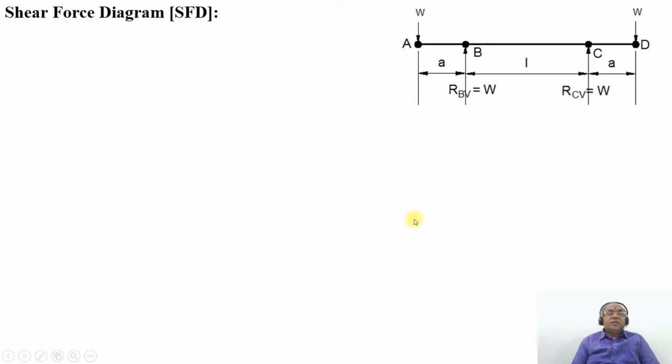Now we are going to consider the shear force diagram. Considering the shear force diagram, SF at the point A, if you take the section, the load toward the left side acting downwards is negative.